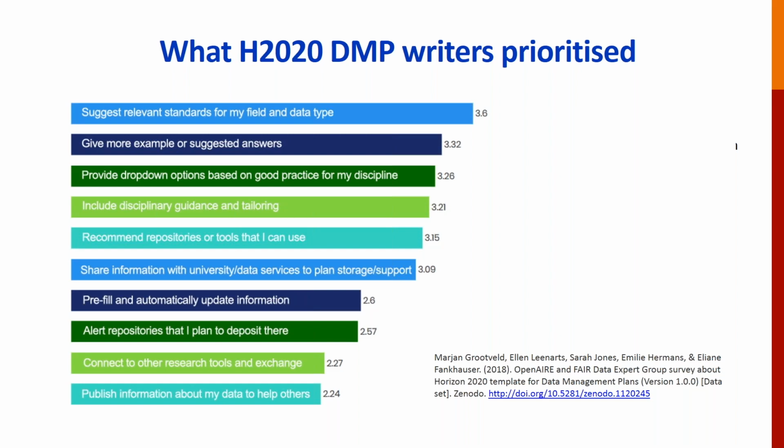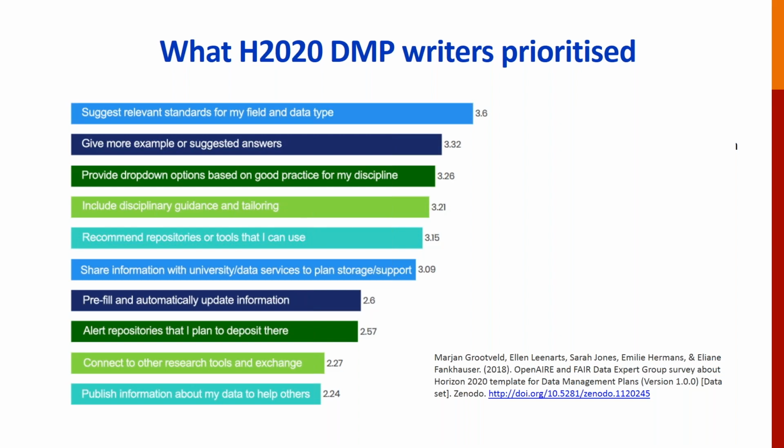We did a survey last year with OpenAIRE and the European Commission to look at Horizon 2020 DMPs and how people were responding to those. One of the questions we asked was about what people would like to see from tools and support. You can see here the different priorities.